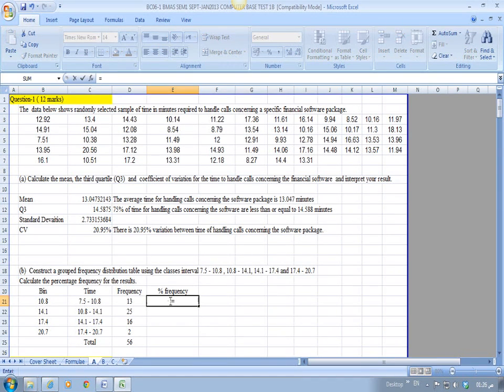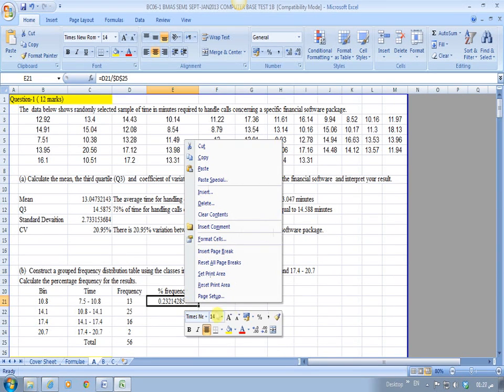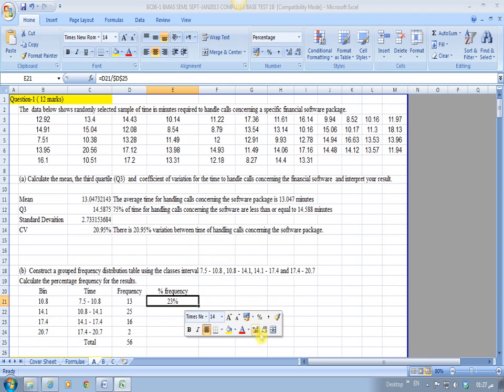So what we do, we type equals, then the frequency divided by the total here, and you can press F4 in order to say this one is fixed. So you see here there is a dollar sign for 56. It means that 56 is not changing, but this one is changing, so there is no dollar sign in it. Press Enter, and after that you can change this to percent. You can use at least 1 or 2 decimal places.